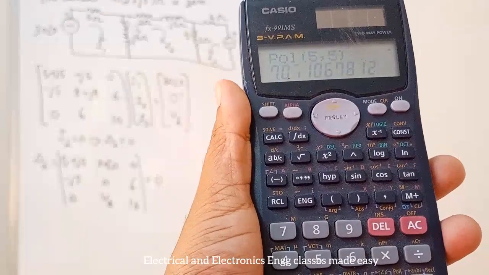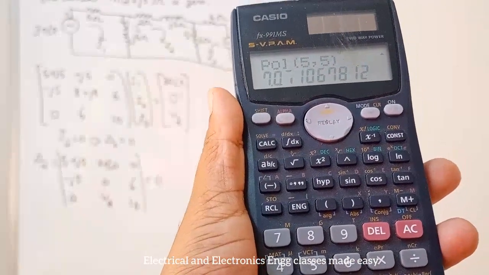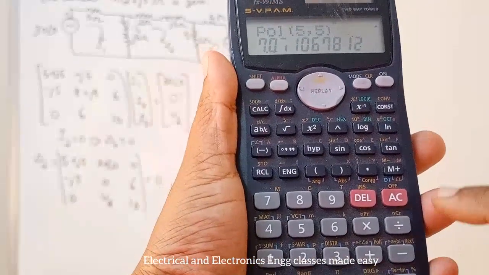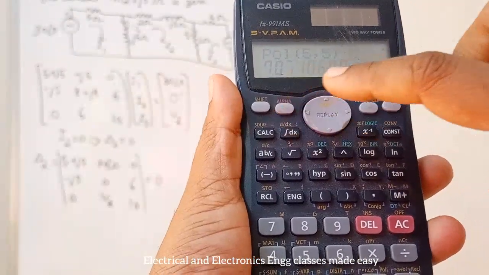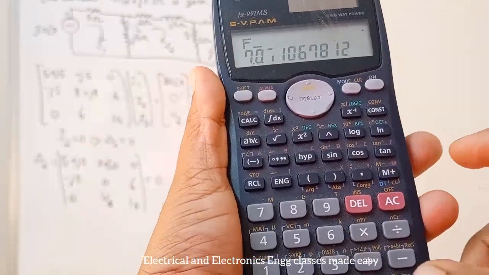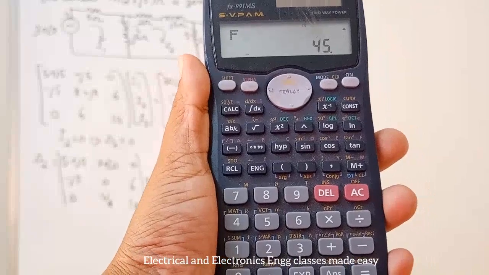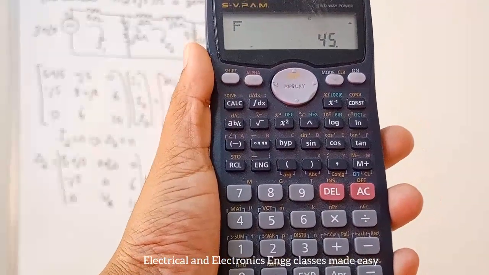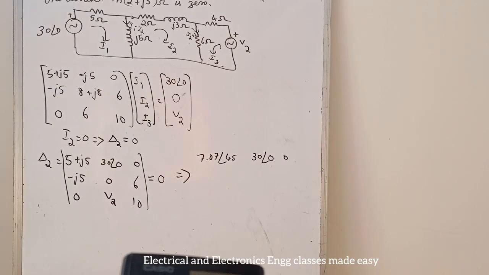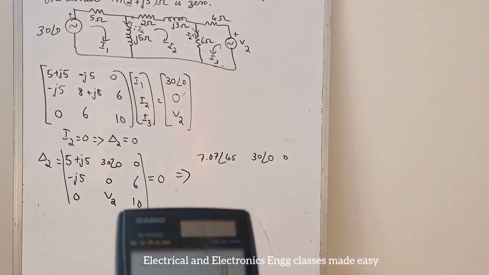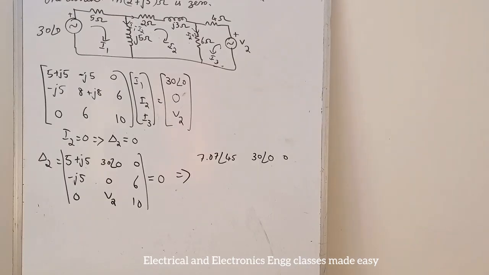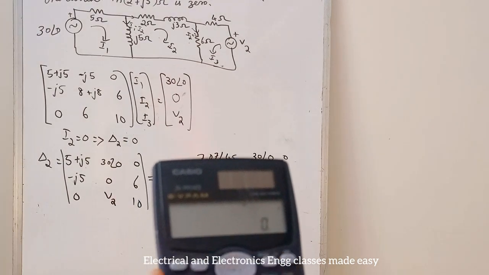So the magnitude is 7.07, and to find the angle, press shift, equal to, that is 45 degree. So 7.07 angle 45.